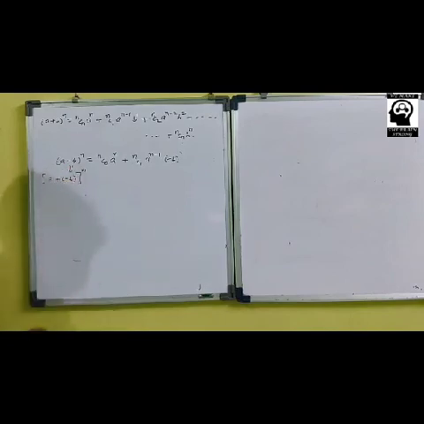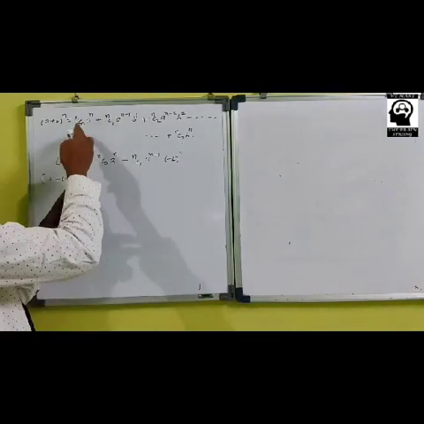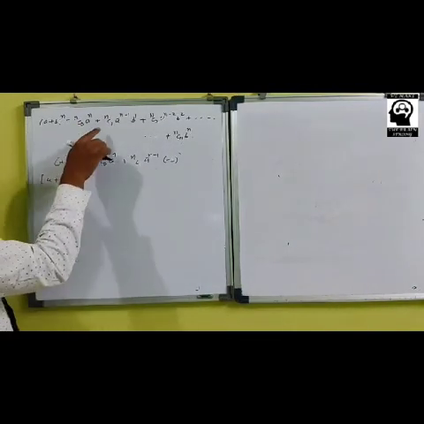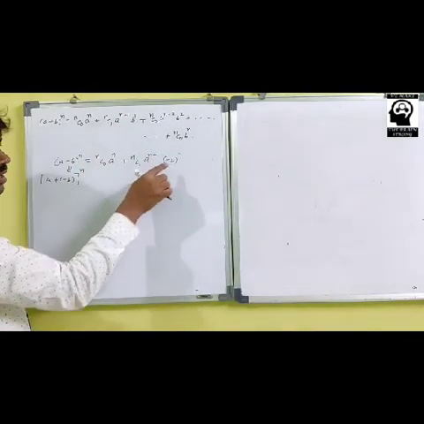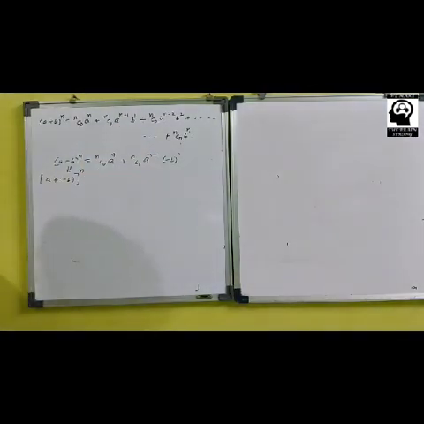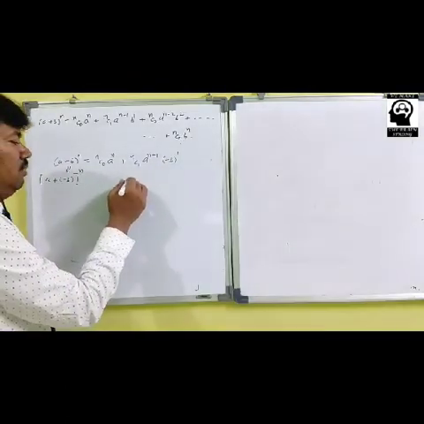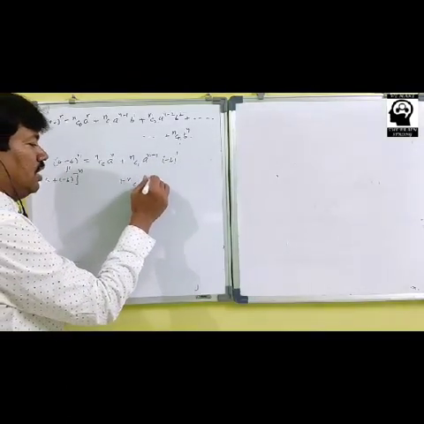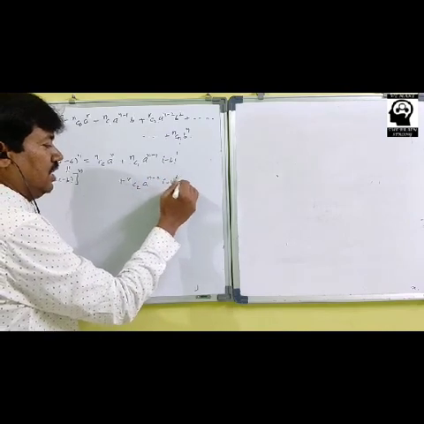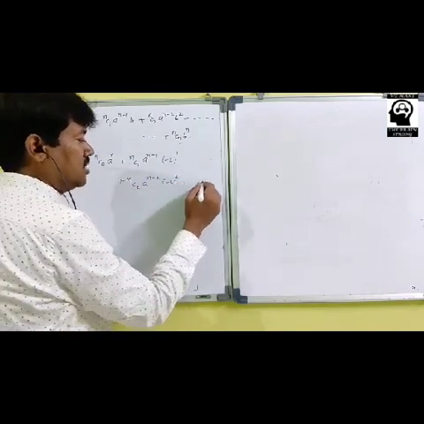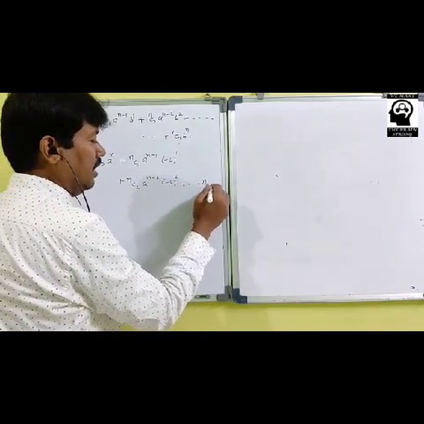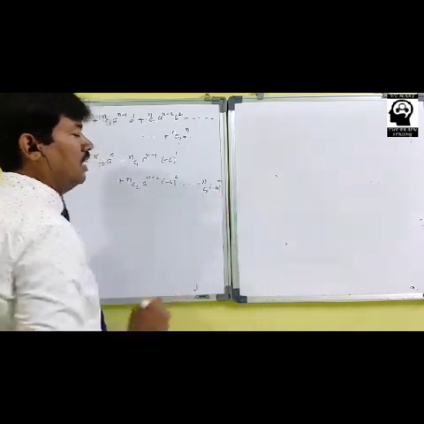That means the same formula, but b is replaced by minus b; the rest is the same. So the next term will be nC2 a^(n-2) (-b)^2 and so on, and the last term will be nCn (-b)^n.